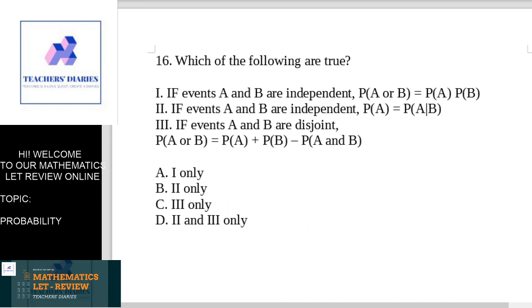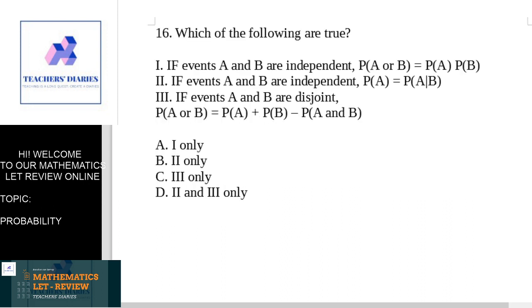If events A and B are independent, P of A is equal to P of A given B. Statement 3. If events A and B are disjoint, P of A or B is equal to P of A plus P of B minus P of A and B.